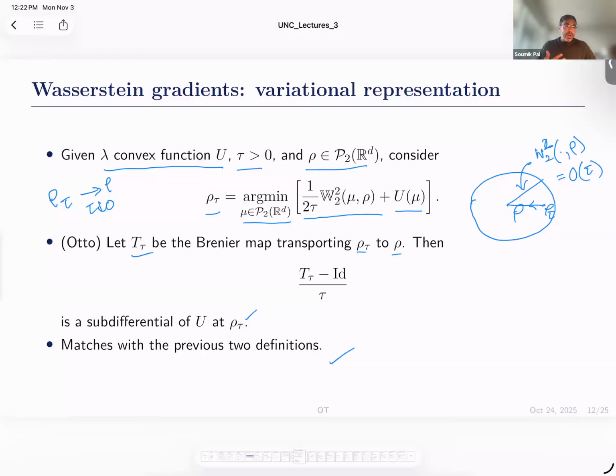So exactly, then you can't do it. This is very specific to the local minimizers. The logic behind this is that you want to define the subdifferential at rho, and sometimes you cannot do it because things are not so nice at rho. So you define it at a local minimizer rho tau, and then you take tau going to zero, and you define the subdifferential at rho as whatever is the limit that you're getting from the subdifferentials of rho tau.